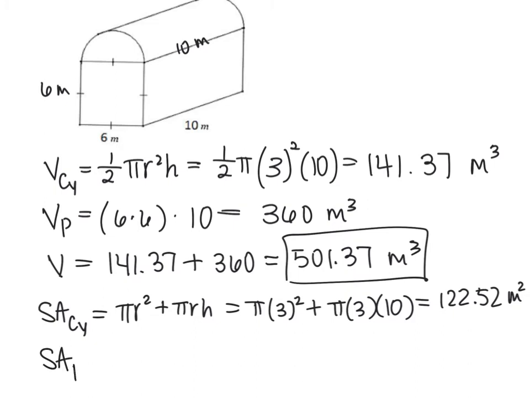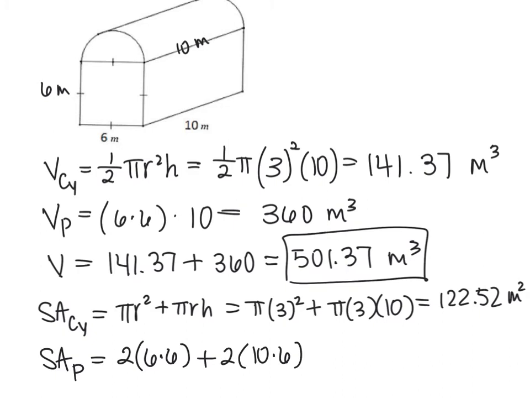Now I want to find the surface area of our prism. So we have our square base, and we're going to have 2 of those. So 2 of our 6 by 6s. Then we have our rectangular sides, and there's one that we can see, and then there's one on the other side that we can't see. So there are 2 of those that are 10 by 6s.